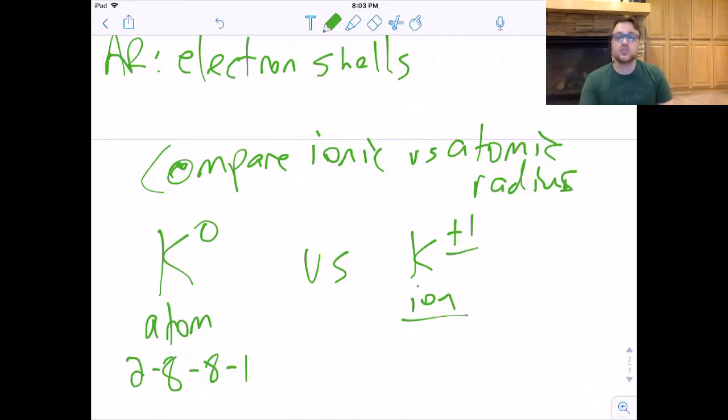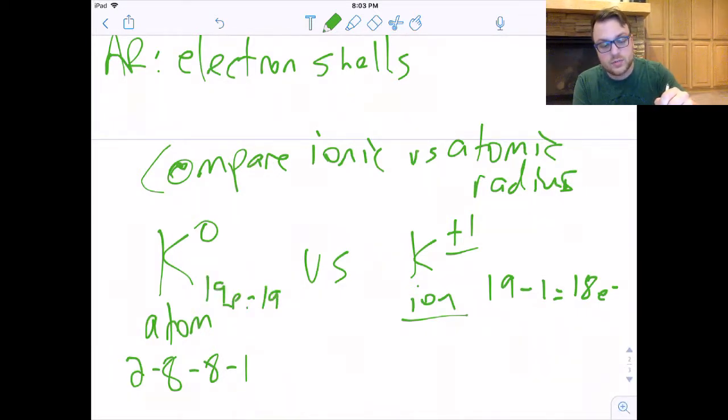Protons minus charge is electrons. So 19 protons in K minus the charge of 1 gives you 18 electrons. Versus over here, the 19 protons equals the 19 electrons.